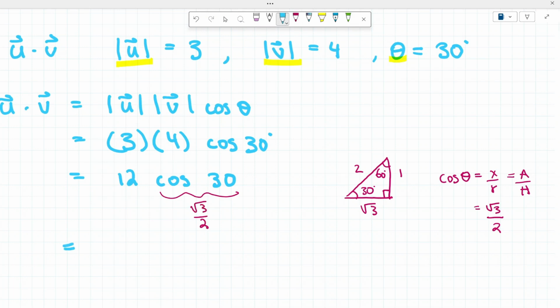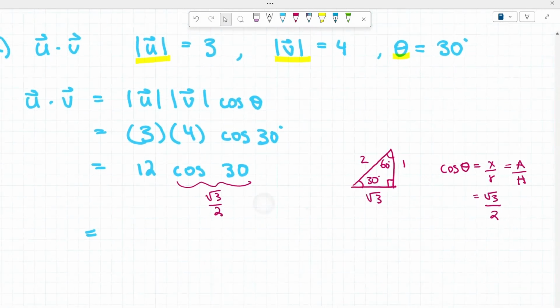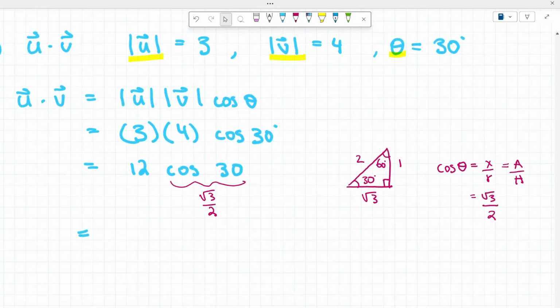I'm always encouraging everyone to use their special triangles. Try not to reach for your calculator right away, especially when you see angles such as 30, 60, 45, and 90, because these are angles we use for our special triangles.